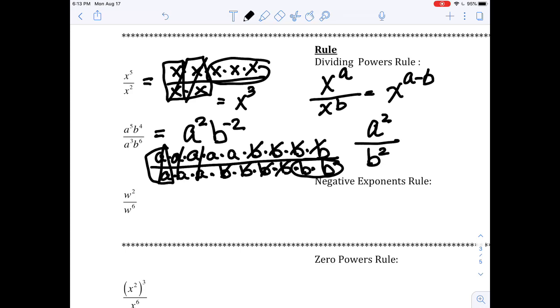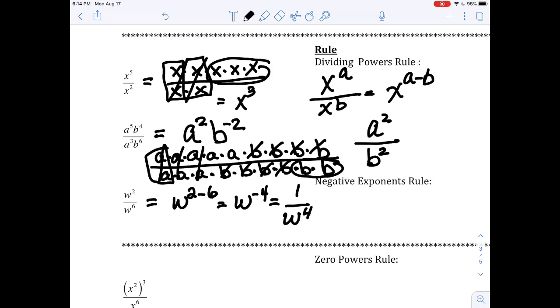So we should have a rule for this so we know what to do when we have negative exponents. So the negative exponent rule says you follow whatever previous rule you're using. So in this case, w to the 2 over w to the 6, that would be our subtraction rule. So that would be w to the 2 subtract 6, which would give me w to the negative 4, which we would rewrite as 1 over w to the positive 4.